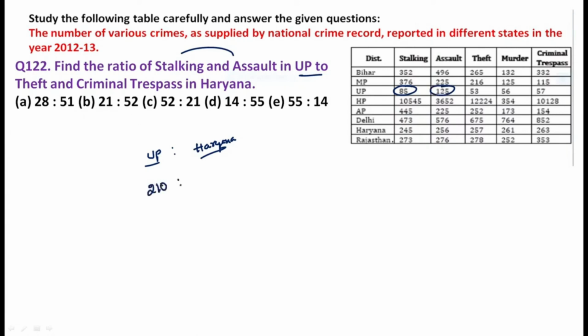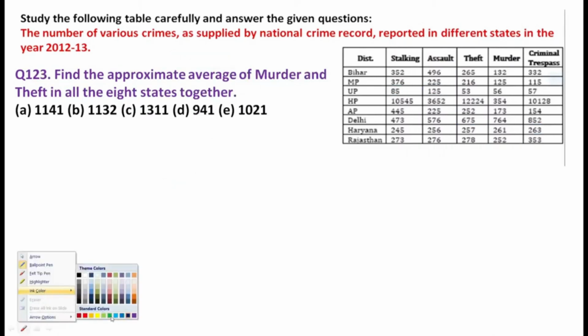Haryana theft value is 257, in the same way criminal 263. So 200 plus 200 is equal to 400, 50 plus 60 is 110, and so on. The total value is equal to 500. Now the ratio becomes 21 is to 50. Again, you just calculate the average for these questions.